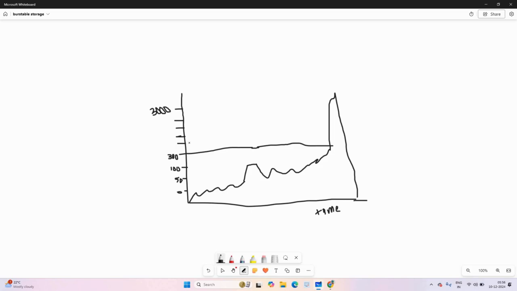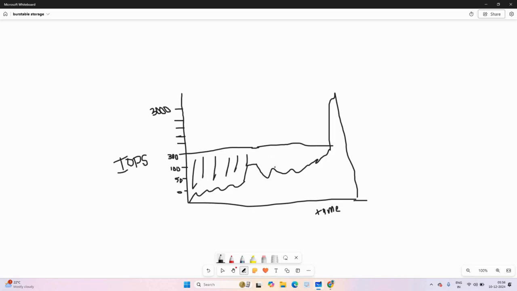The below is time, and this is IOPS. If we use the GP2 volume, sometimes the usage is very low, so not all the IOPS is filled.